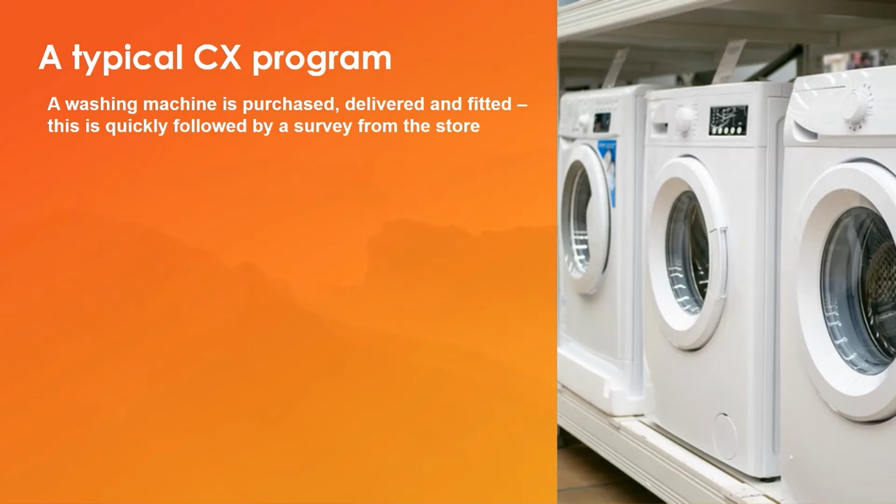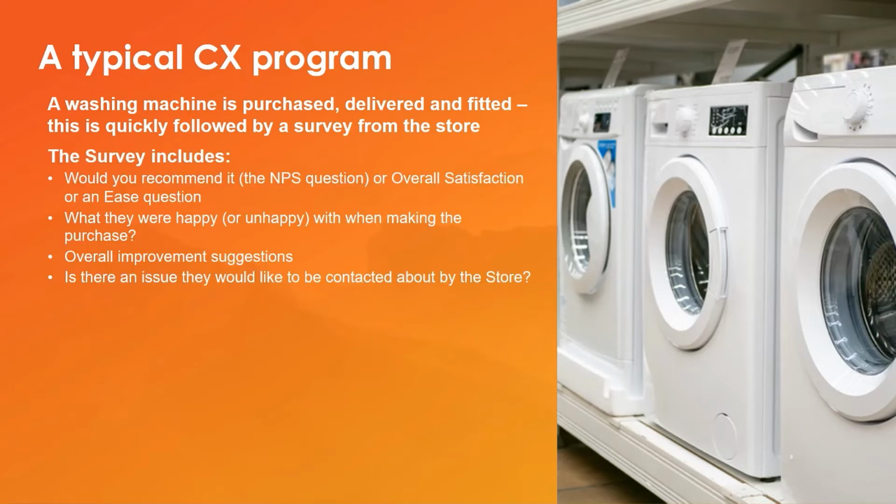So what is a typical CX program? Well, here is a typical one from the sorts of studies that we run at Potentiate. A washing machine is purchased, delivered and fitted. And this is very quickly followed by a survey from the store. The survey includes, would you recommend it, the NPS question, or an overall satisfaction, or an ease of purchase process question.